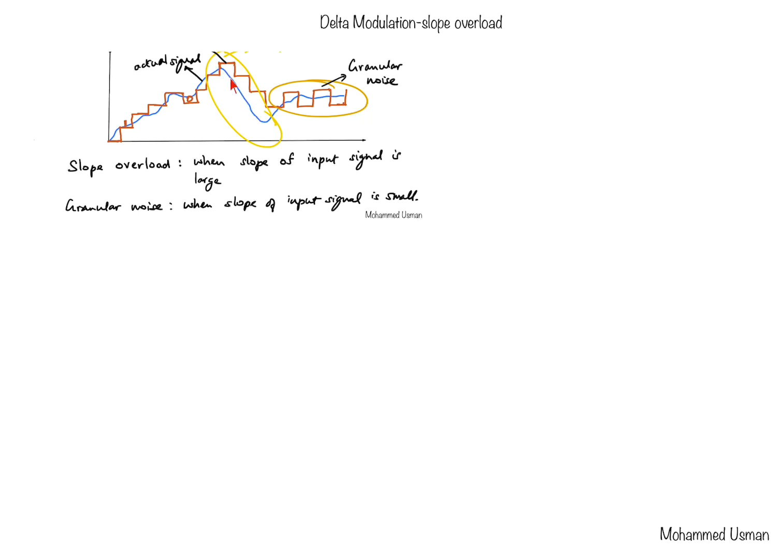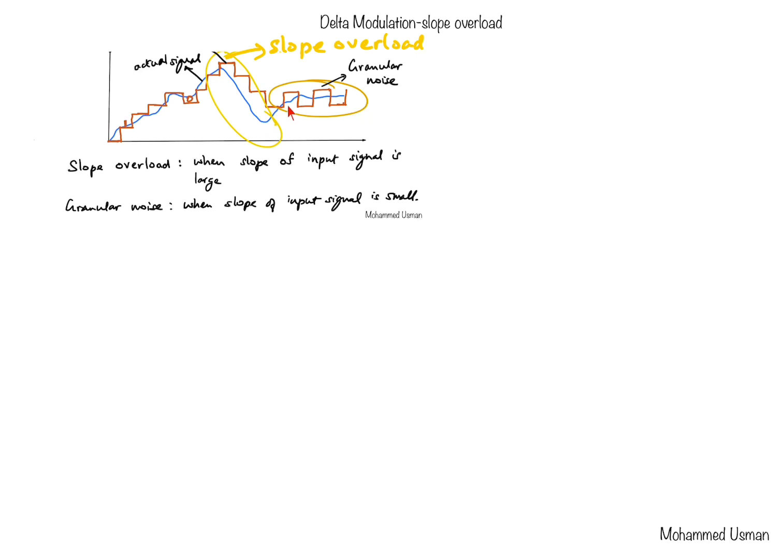If you see here, the signal is dropping, but the delta modulator output is not changing quickly enough. That situation is called slope overload in delta modulation. And that happens when the slope of the input signal is large.